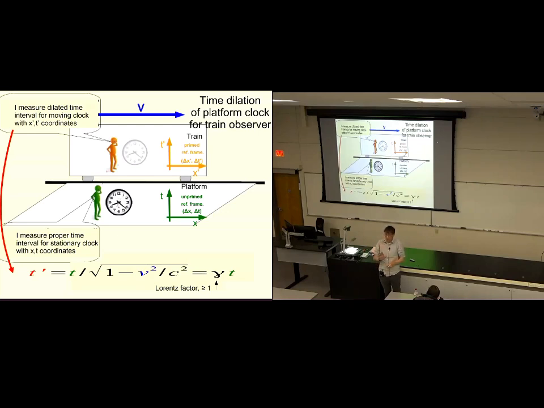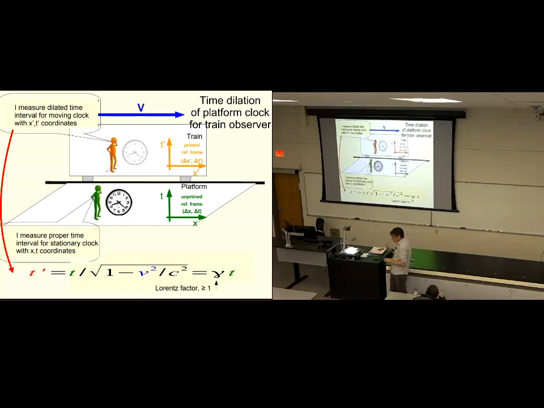So there's a clock, the station clock, that's at rest in the station reference frame. There's a clock in the train that's at rest in the train reference frame. So there are these two clocks here. This one I pictured here is the station clock. This one upstairs is the passenger clock.